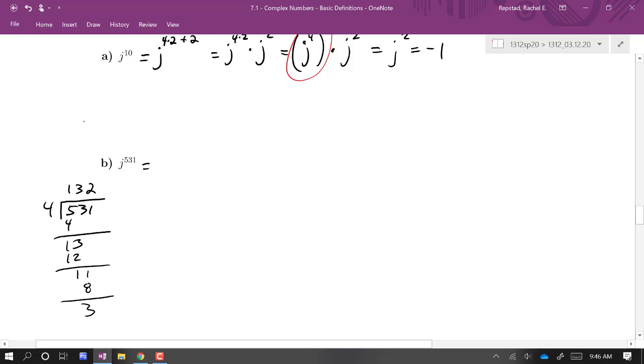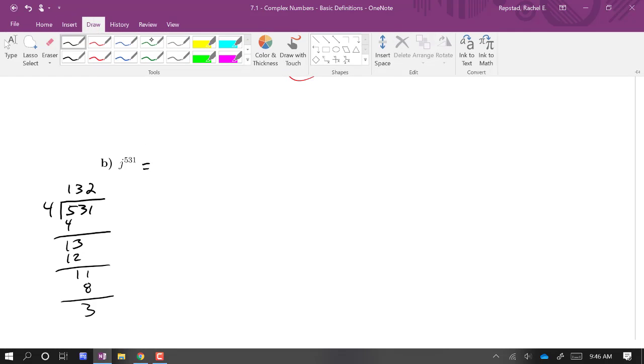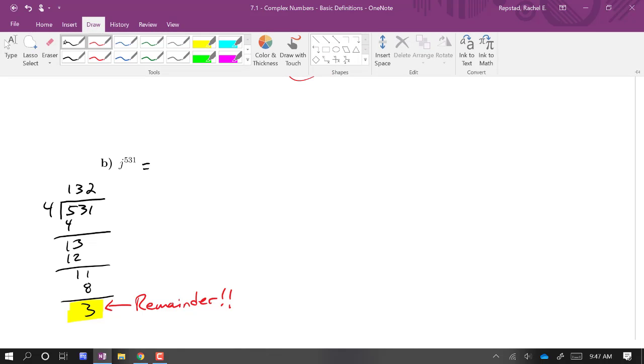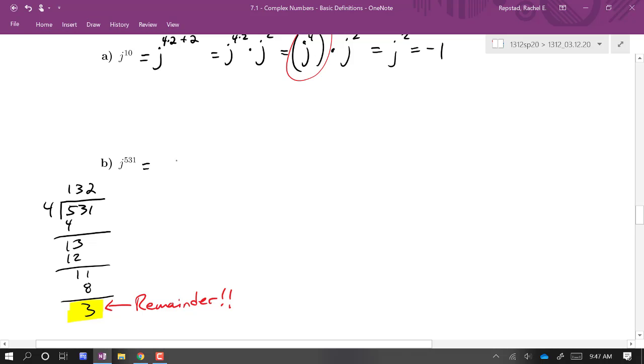So it goes in 132 times with a remainder of 3. The fact that it goes in 132 times is not that important to me. It's what's left over that is important. When I divide 531 by 4, I get a remainder of 3. That means that j to the 531 is j cubed. And that's negative j.